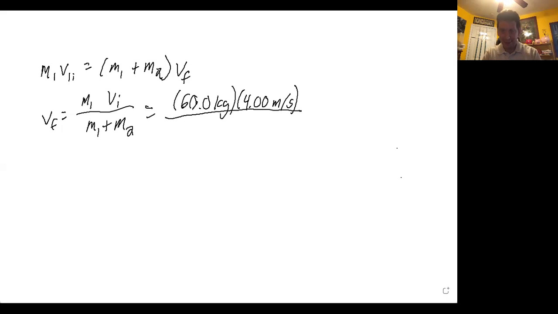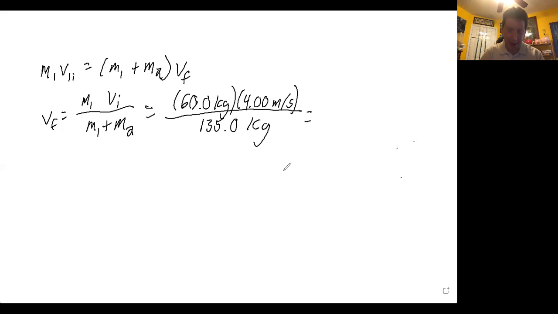So one is 60.0 kilograms, the other is 75.0 kilograms. So you add those together, you get 135.0 kilograms. You actually gain a significant figure, but since you're dividing, since the two numbers in the numerator still only have 3, it's not going to affect the end result.